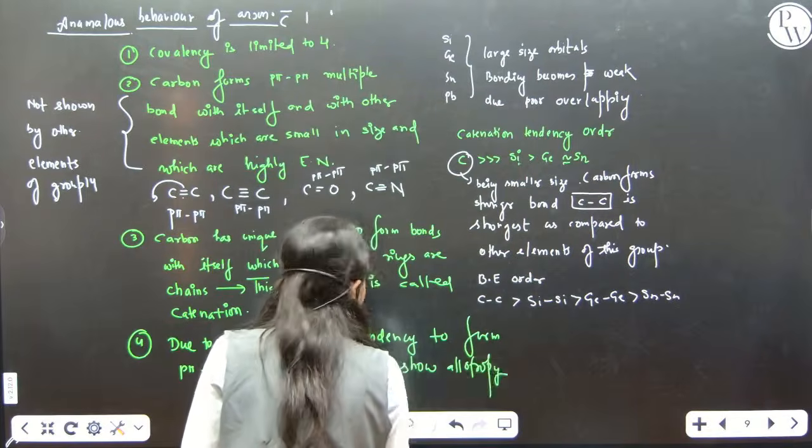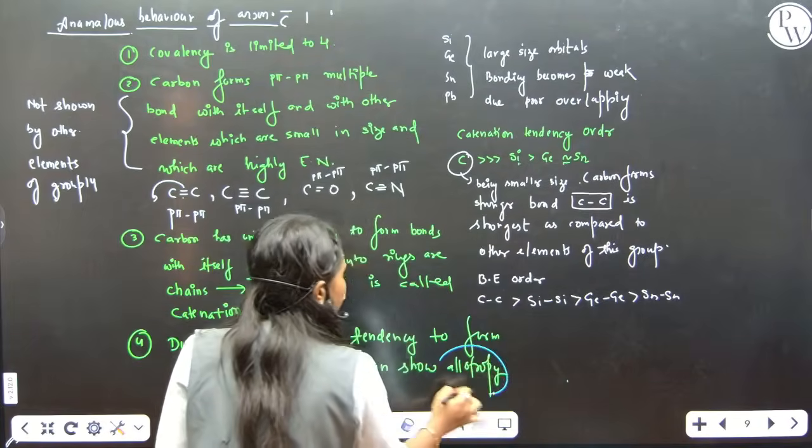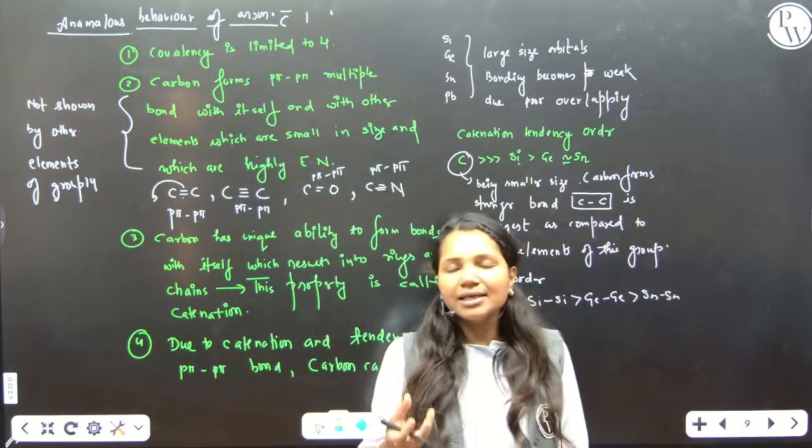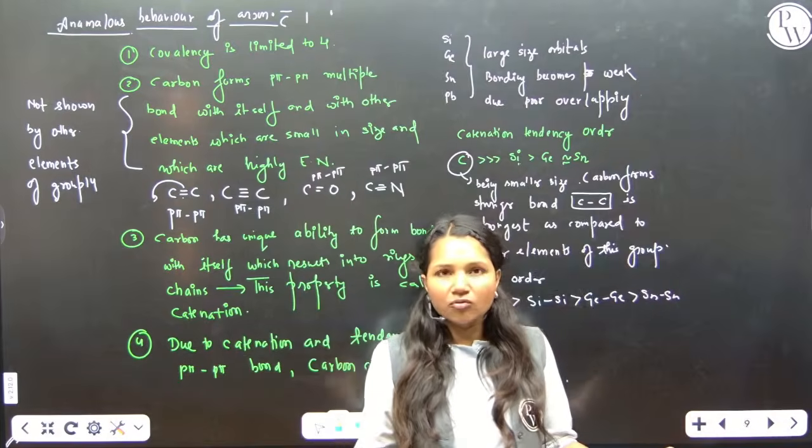What is allotropy? Allotropy is the tendency to exist in more than one form.